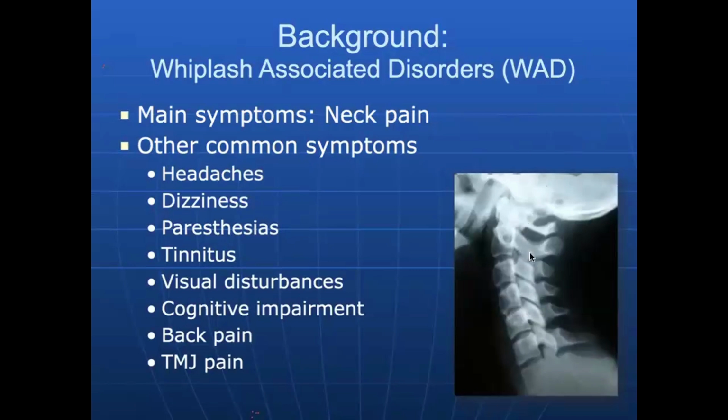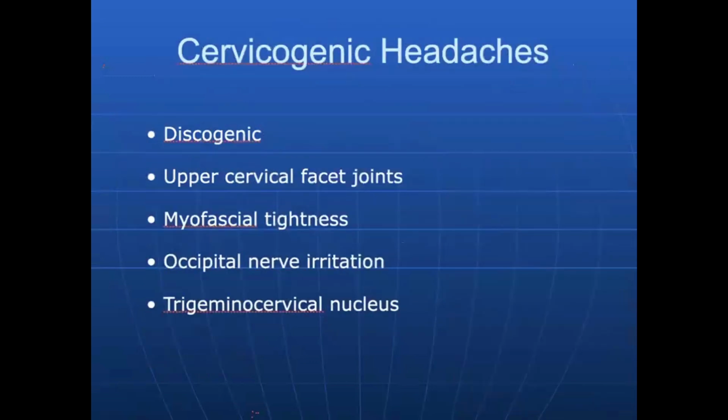Where the arrow is pointing is your C2-3 facet joint. That is the most common cause of post-traumatic headaches. It's the most commonly injured joint when somebody has a whiplash injury to their neck. So the upper cervical facet joints are the most common cause of post-traumatic headaches.